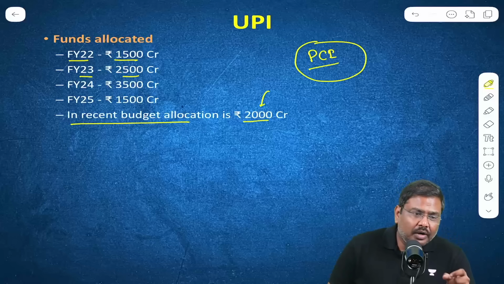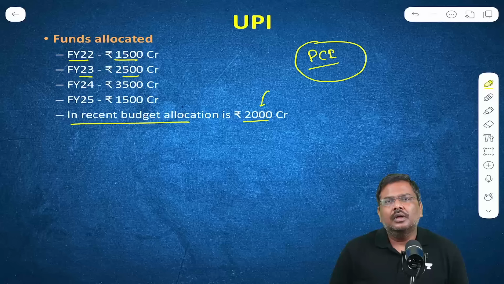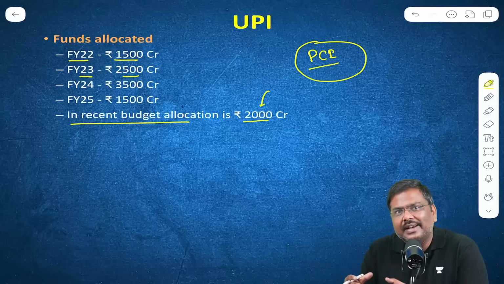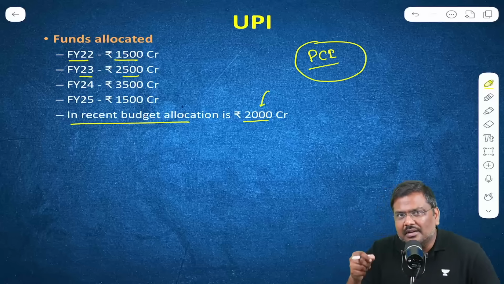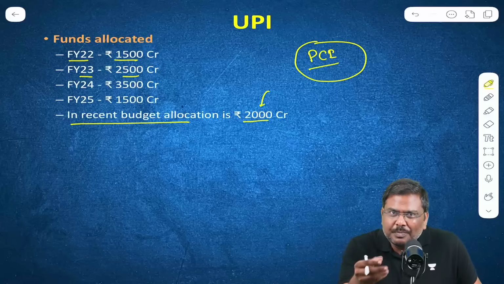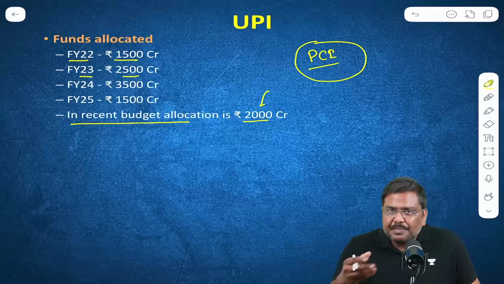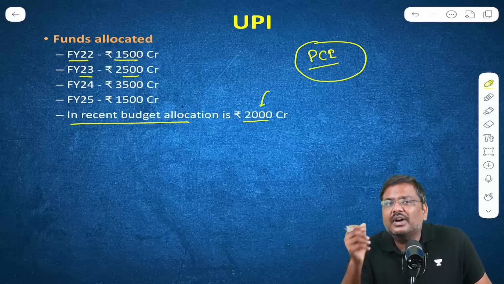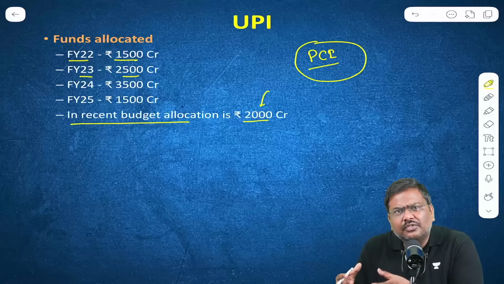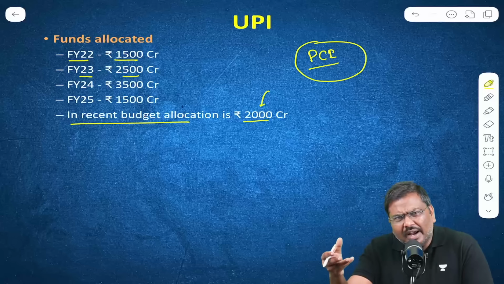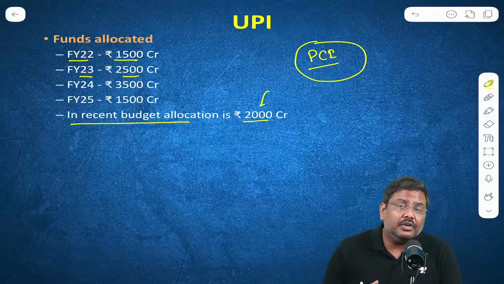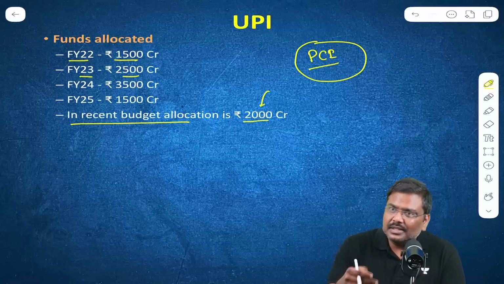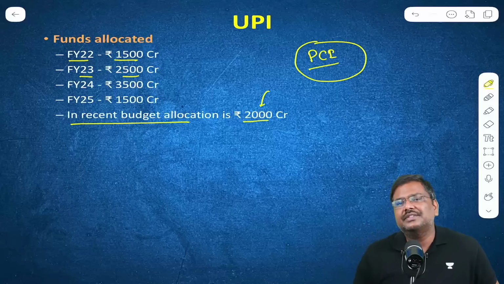And if these are not incentivized enough, then there is no rationality in these entities investing more and more money in spreading the adoption of UPI technology for payment, especially in tier 3, tier 4 and tier 5 cities. There is no incentive for them to spend more and increase, let's say, the number of servers. There is no incentive for them to implement, let's say, fraud detection tools, etc.